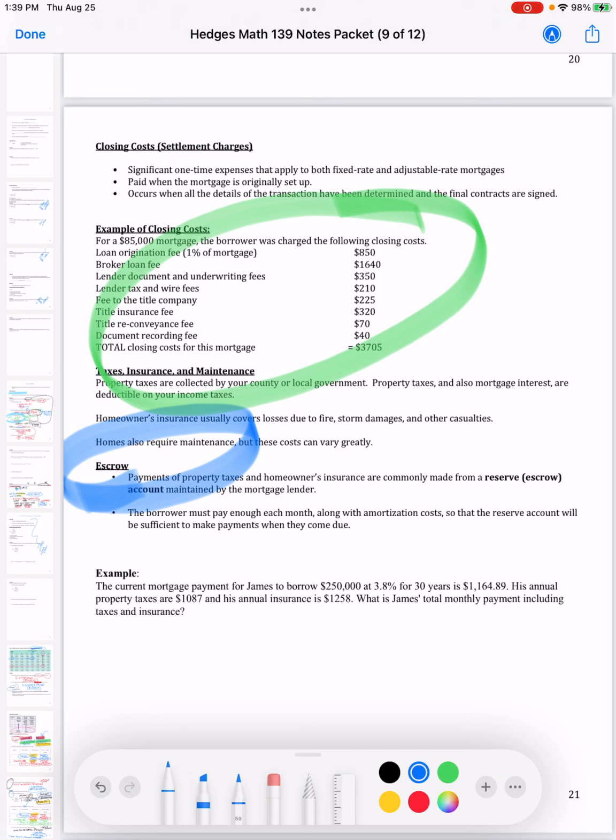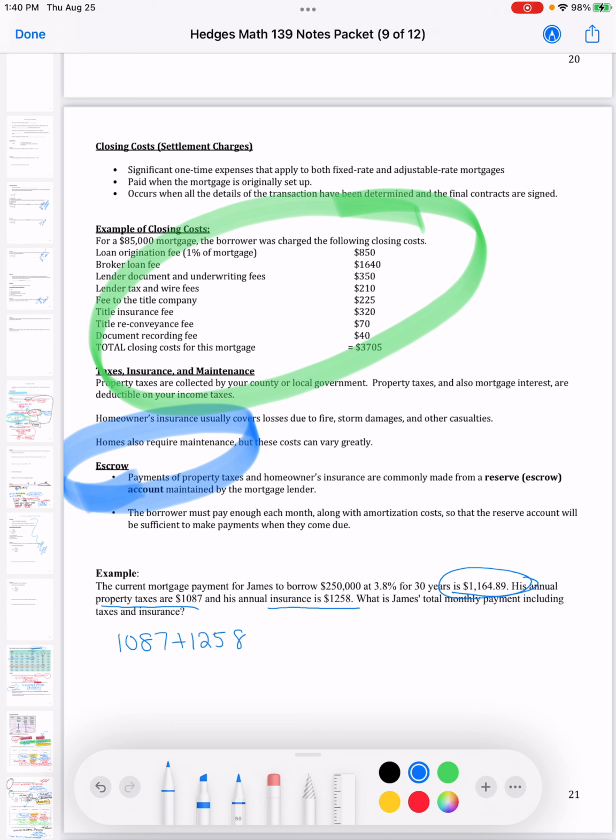We've got our mortgage. We're borrowing $250,000. And our mortgage payment, we just told you, you don't have to go through and calculate it. But then annually, he also owes for taxes and insurance. So we need to figure out how much he actually is paying total each month. So I'm going to figure out these extra add-ons.